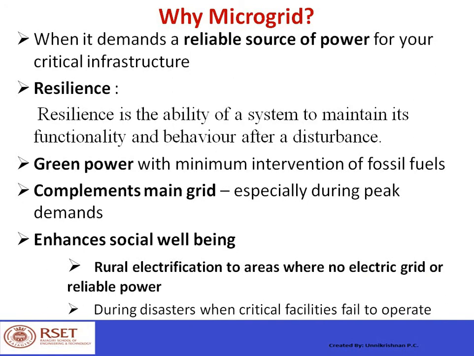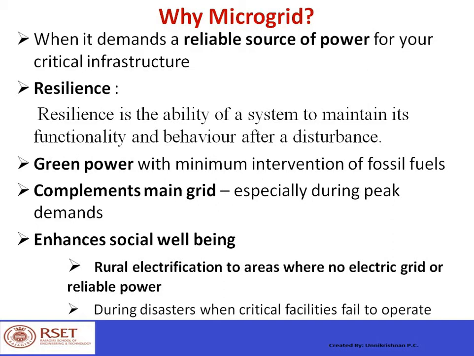Enhances social well-being. Once again, we come to rural electrification. People living in faraway places, in deep deserts, deep in the forest, their life can be made better by providing electricity, by providing communication.